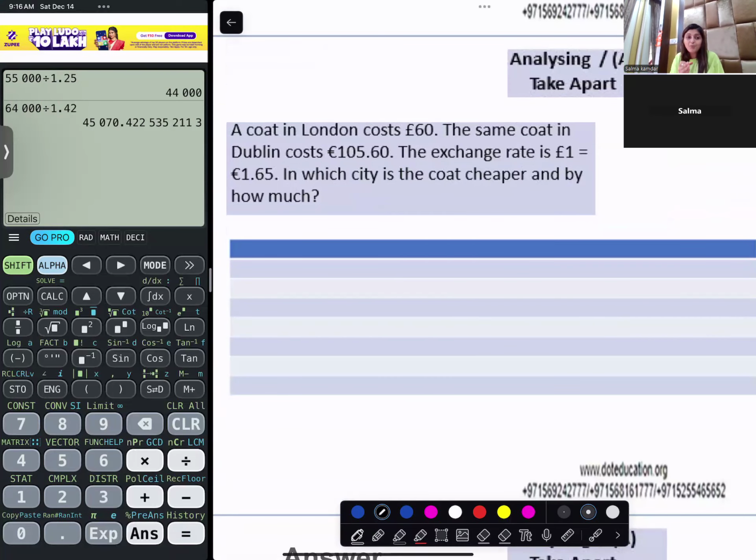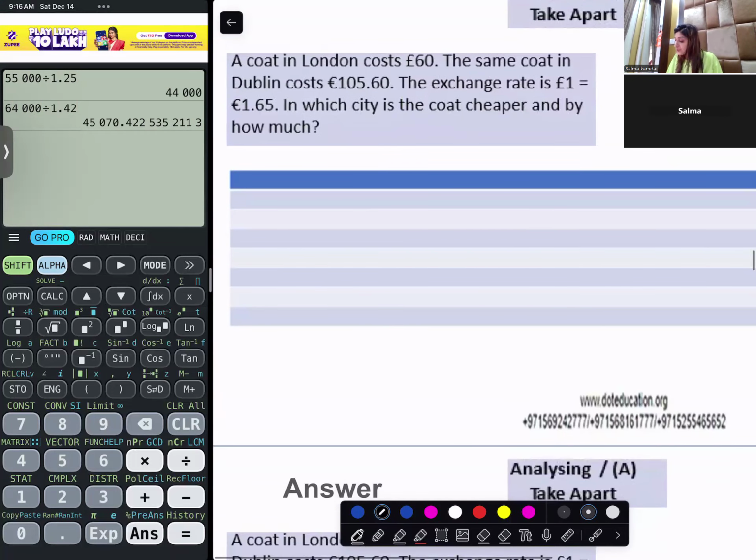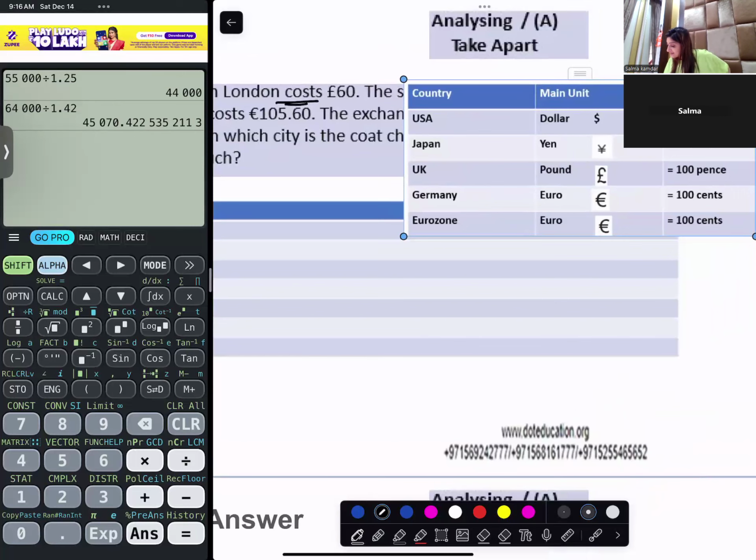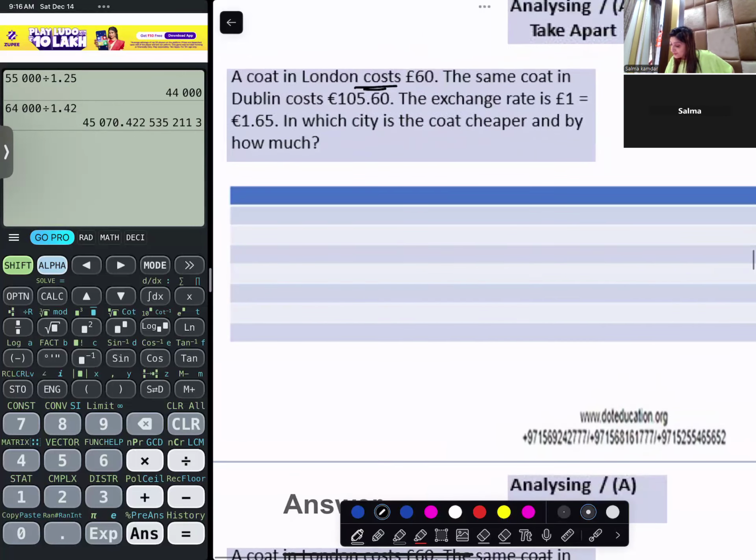Next question, pause, try, come back. This is the way you always do: pause, try, come back. A coat in London costs £60. The same coat in Dublin will cost 105 euros. 1 pound is equal to 1.65 euros.